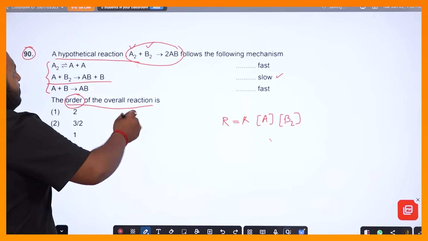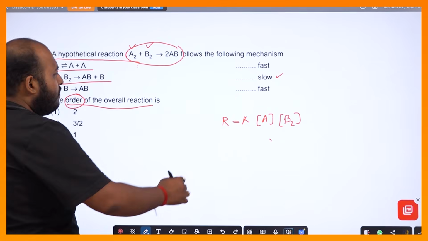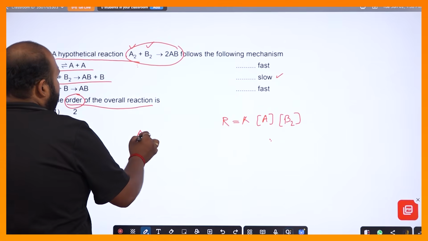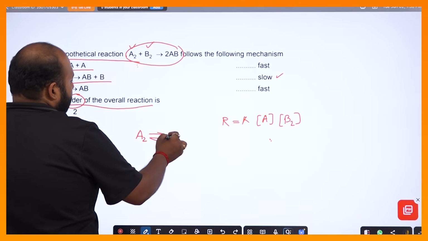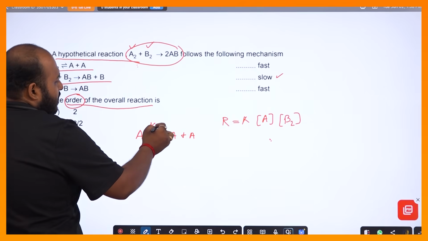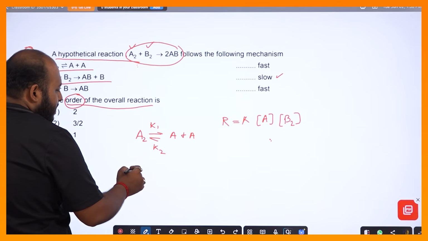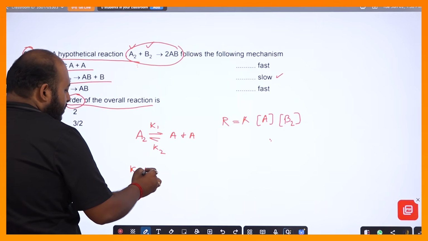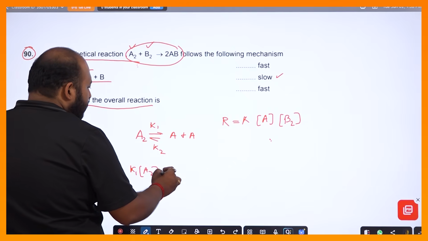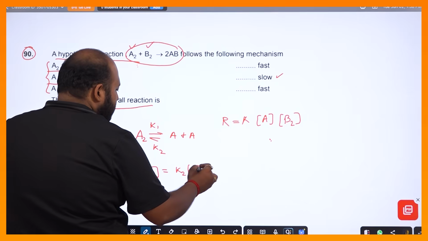So you can see that we can utilize this equation. This equation is A2 gives A plus A. If I consider the forward as K1 and backward as K2, then at equilibrium this will become K1 A2 equals K2 A square.